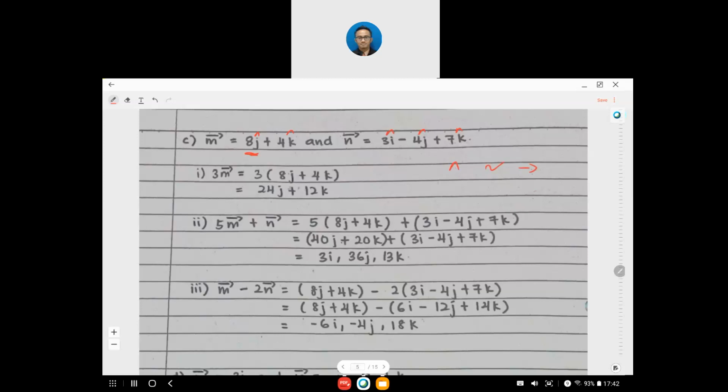So 3m, you get 24j plus 12k. This one also same thing, marks will be deducted otherwise. And then question 2, 5m plus n. Must put the vector symbol here.